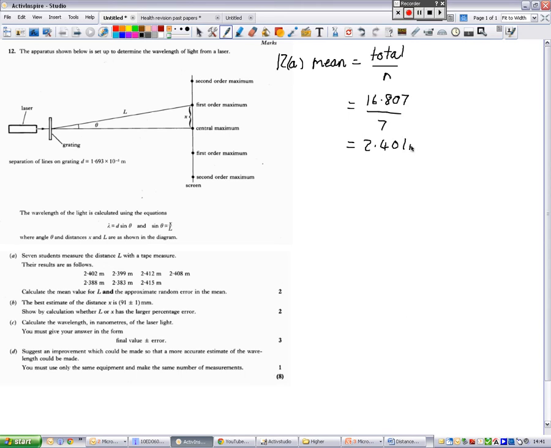2.401 meters. The error within that value is your approximate random error, so that's maximum minus minimum divided by the number of values taken. That takes into account the spread of values that you've got. So your maximum value there is 2.415 and your minimum value is 2.383.